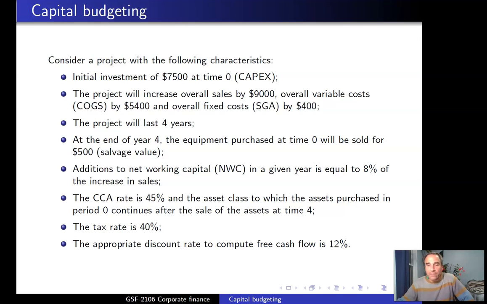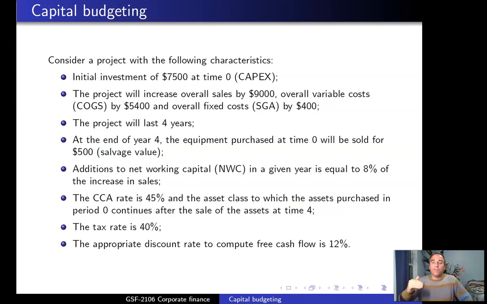This is a technicality. It means that when the assets are sold for $500, depreciation continues because $500, as we have seen earlier, is smaller than the remaining undepreciated capital cost. But even if the sales price was higher, like $2,000 at time 4, that would create a negative CCA expense.